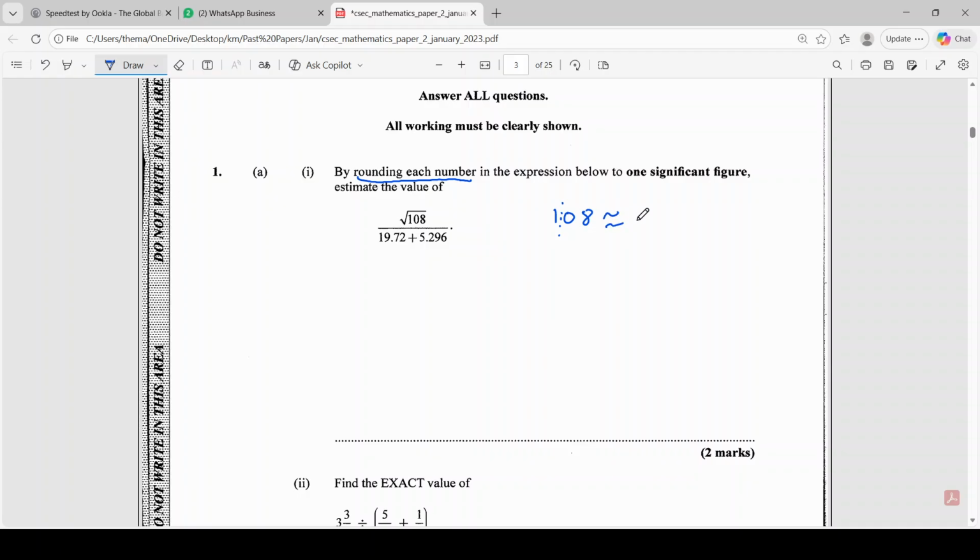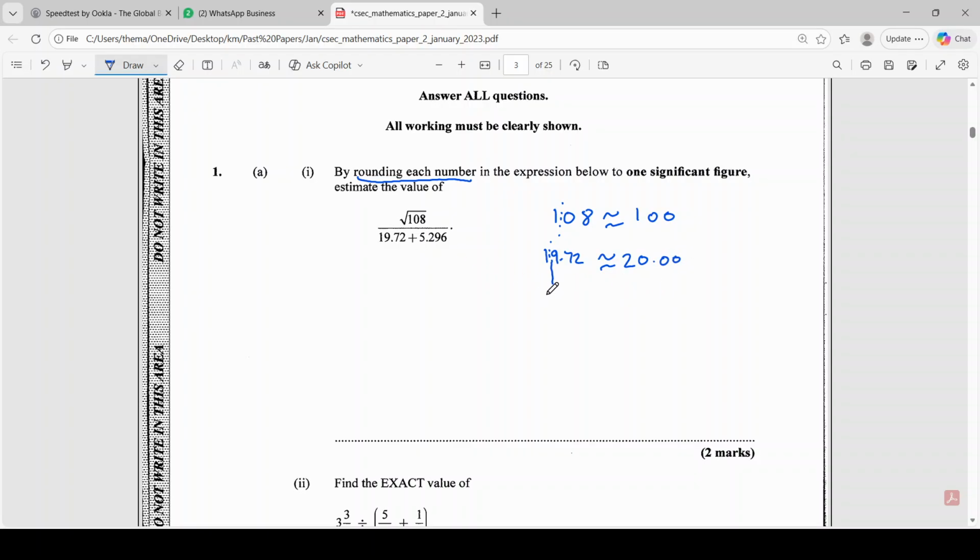So this will become 100. 19.72 to one significant figure. First significant figure is here. We draw a line. This is 5 or more, so we add 1 to the 1, so that will become 2, and the rest is zeros.